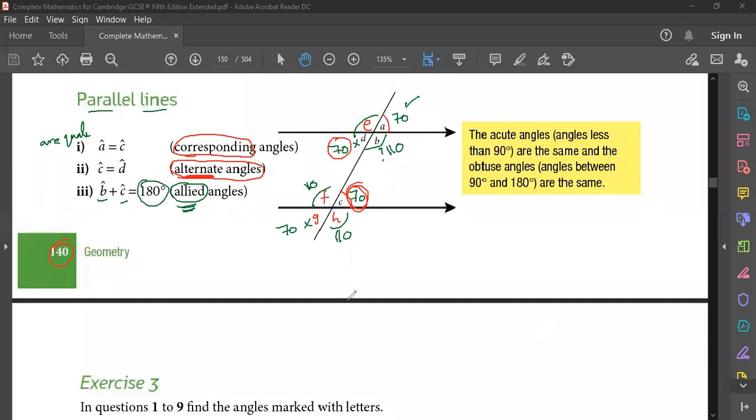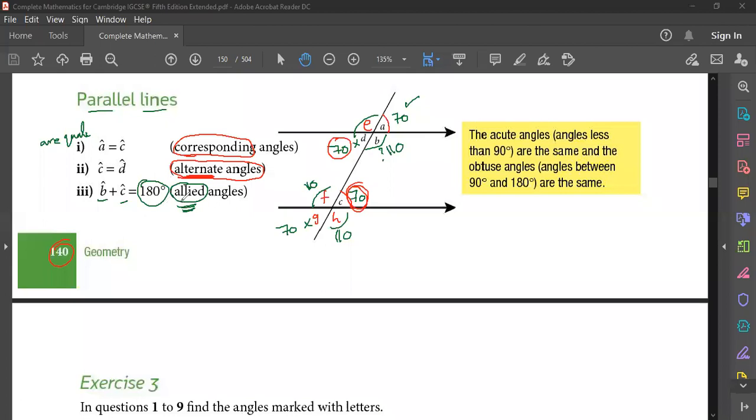Okay, everyone, do you know the names now? Corresponding angles: A and C, E and F, B and H, D and G. Alternate angles, look at the positions: D and C, B and F. And alternate angles are equal.